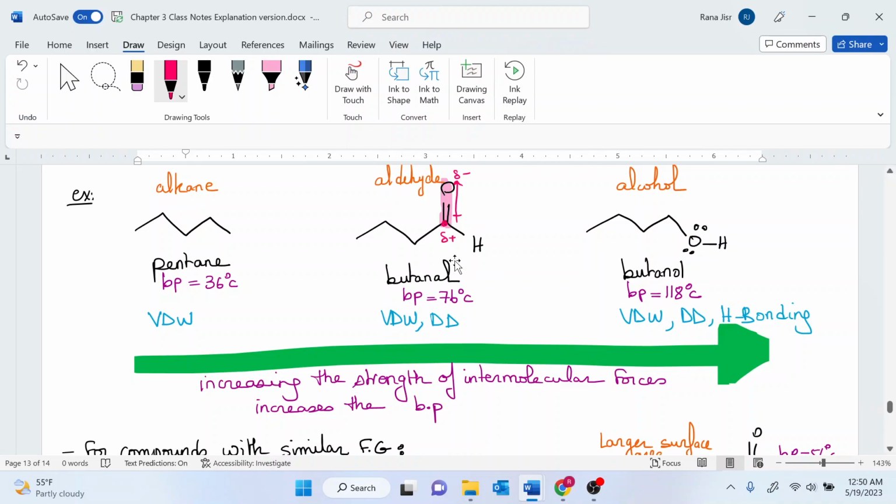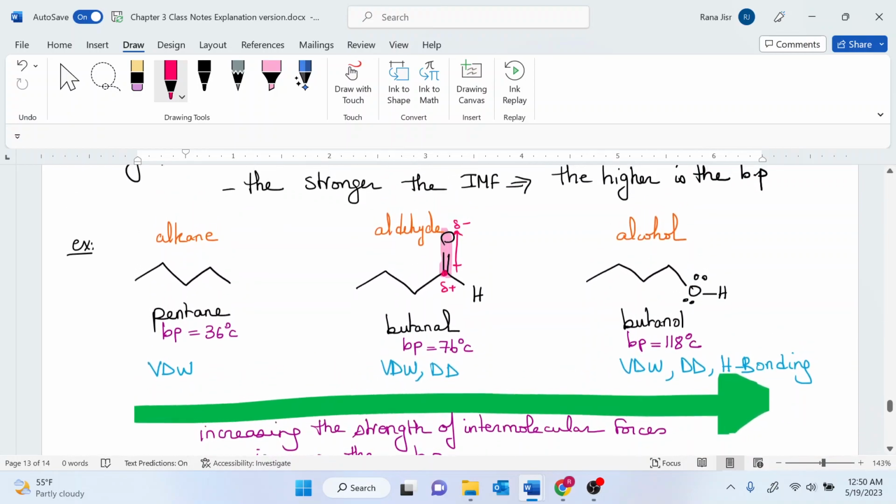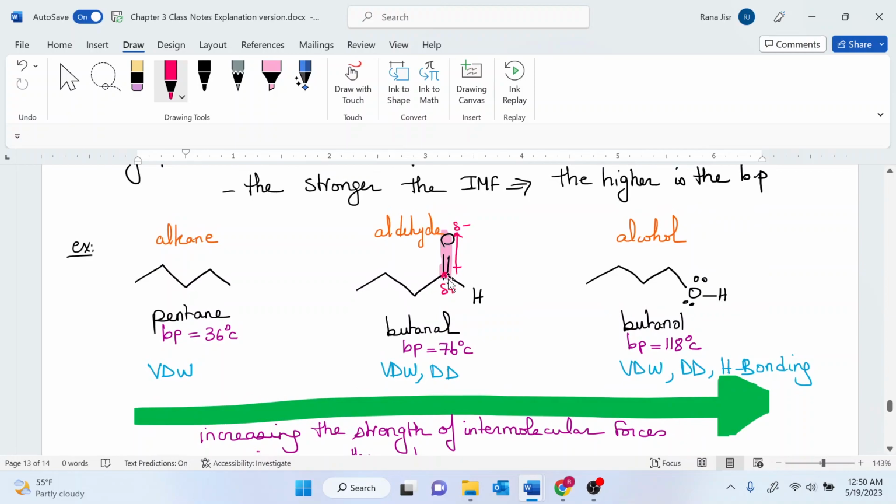So aldehydes have van der Waals forces and a dipole-dipole interaction as well. Now, aldehydes have no hydrogen bonding between themselves. They hydrogen bond with water, but they do not hydrogen bond between themselves.